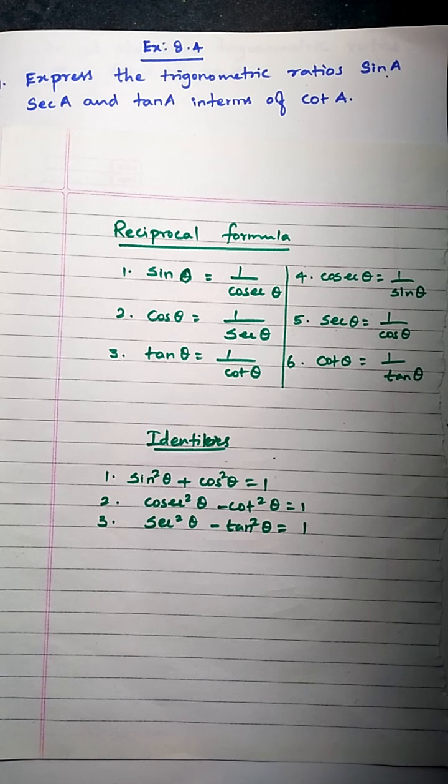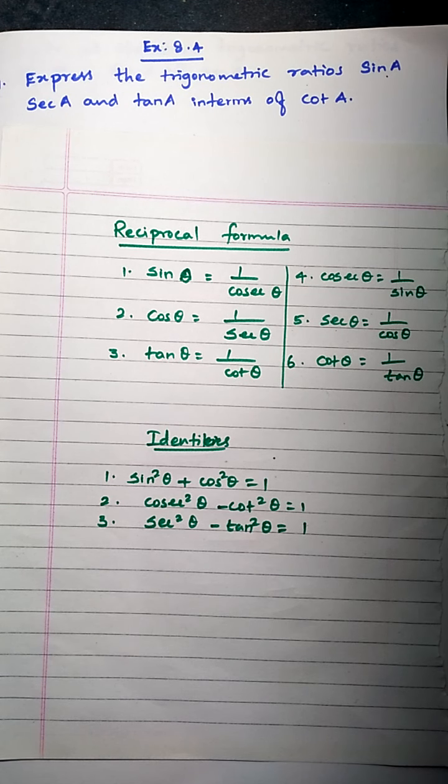So here we have the first question. Express the trigonometric ratios sin A, secant A and tan A in terms of cot A. These three ratios we have to express in terms of cot A, which means the final answer should be in cot.